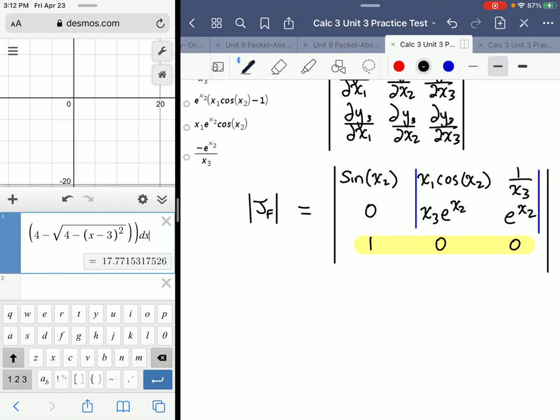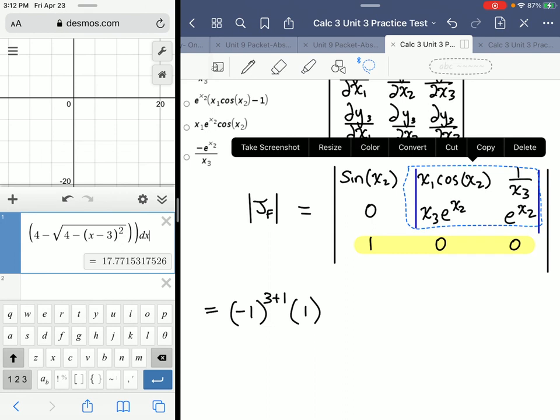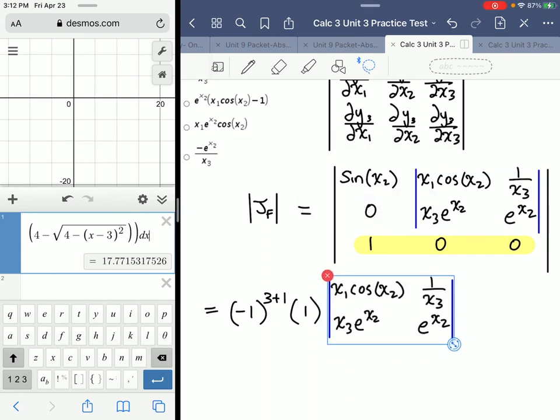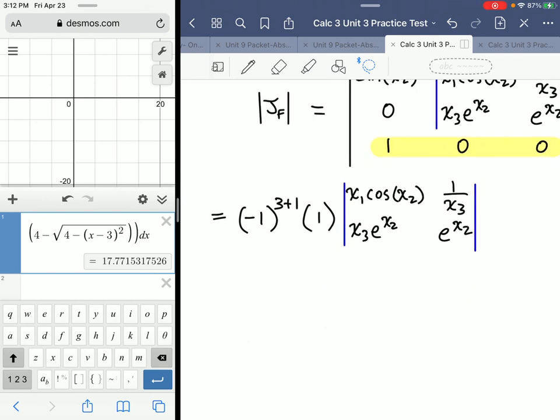All right, so that's as nice as it can be. So we're looking at -1 to the 3 plus 1 power multiplied by the entry of 1 multiplied by the determinant of this 2 by 2 square matrix. These are irrelevant. They both go to 1.